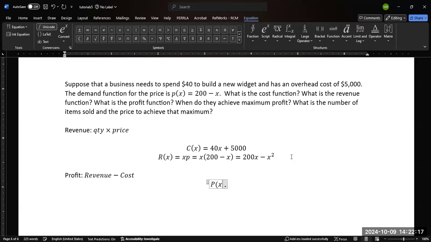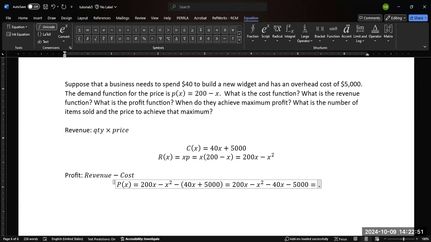So our P of X, capital P of X, is going to be 200X minus X squared minus (40X plus 5,000). The key thing to keep in mind in this example is that, sorry, this was a plus. You need to make sure that you distribute the negative from subtracting the cost, or your equation will be incorrect.